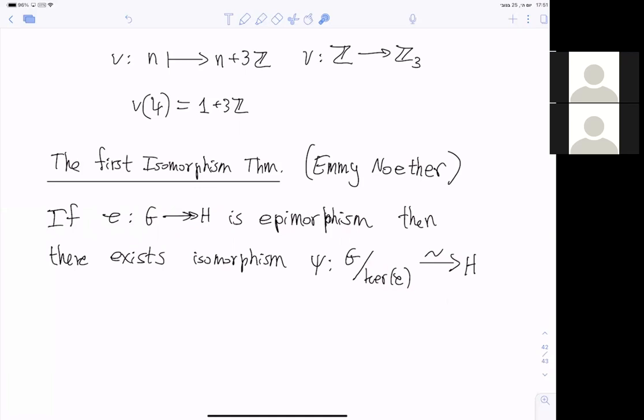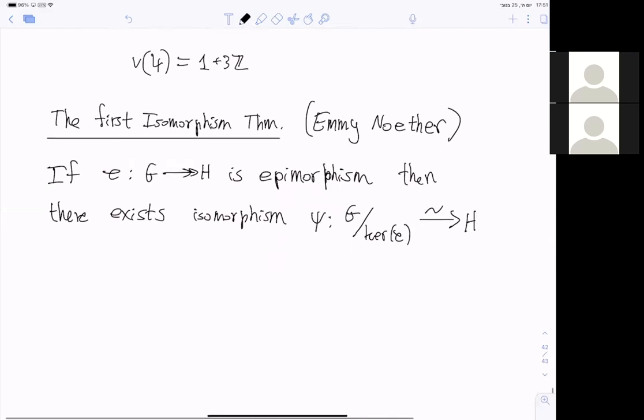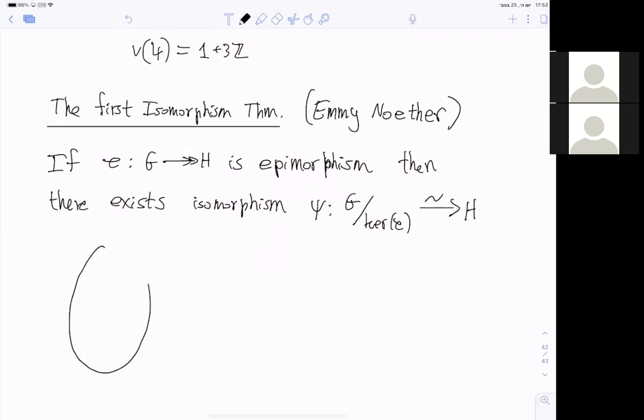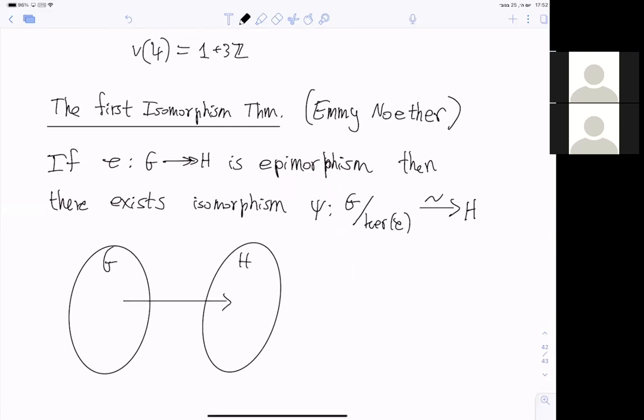And when you think about it, it's very intuitive. Why? If we go back to our picture, here it is surjective.